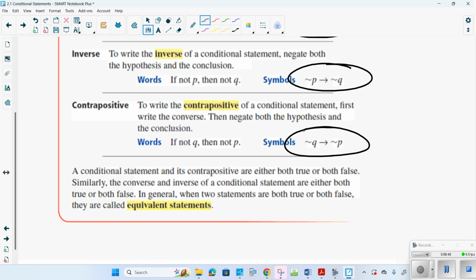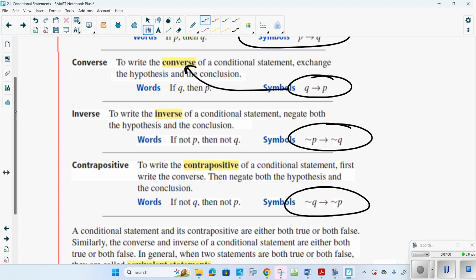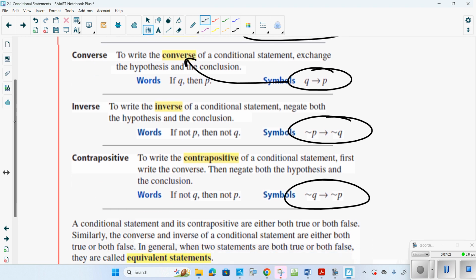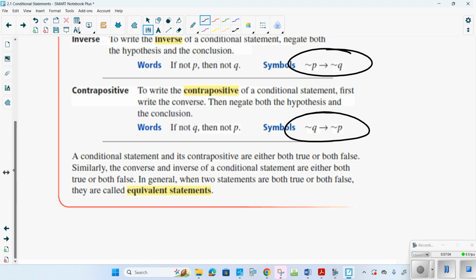If you have a conditional statement that's false, your contrapositive will also be false. Now, let's talk about it the other way. If you have a converse that is true, your inverse will be true. So those are called equivalent statements. The two are both true or both false.